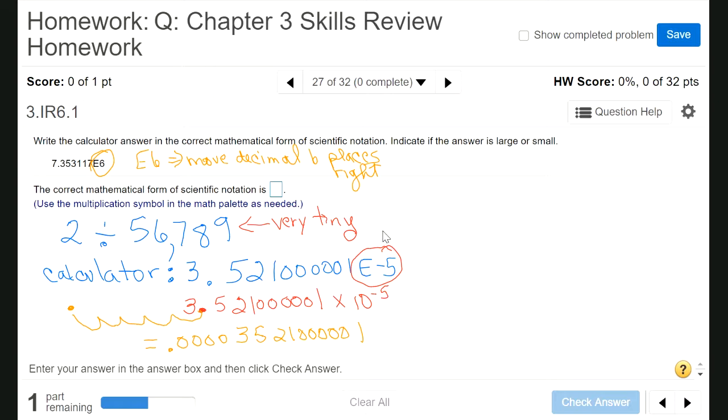But what they wanted, they just wanted the correct scientific notation. So they don't want you actually to move the decimal point. They just want you to write it like this with the power of 10. So let me write that again, what the correct answer was on that one.